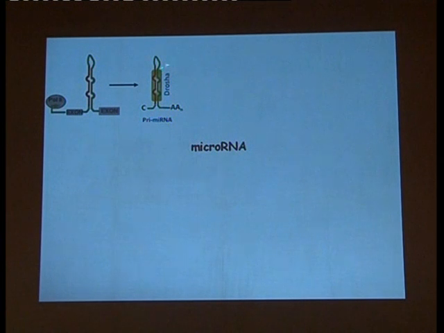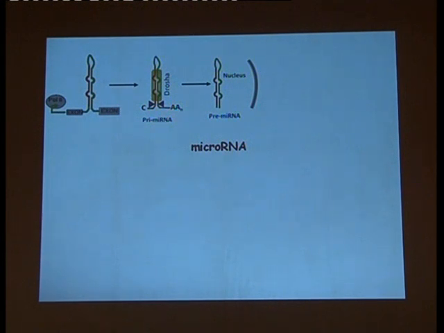There is a protein machinery known as Drosha, which recognizes this particular three-dimensional structure of RNA and clips it at this position and gives a very nice three-dimensional hairpin loop structure of RNA. As I explained, it happens in the nucleus.